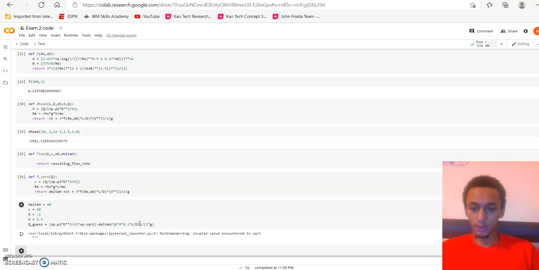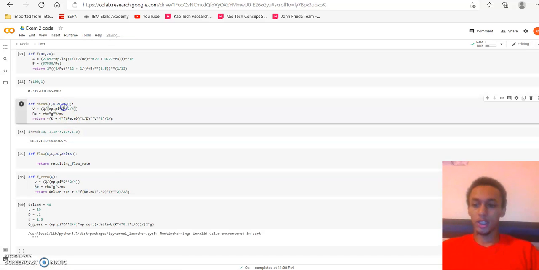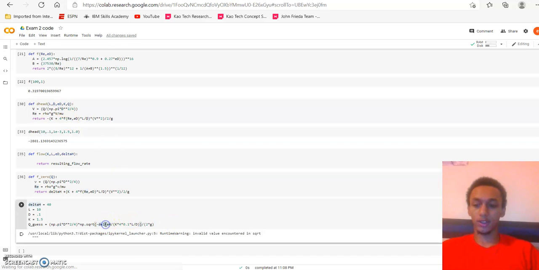And it's saying invalid value encountered in square root. So we have a problem. The problem is there's a negative under this delta H, so it can't run the function properly. So we're going to have to make some changes, probably farther up the chain, to make sure there isn't going to be a negative.